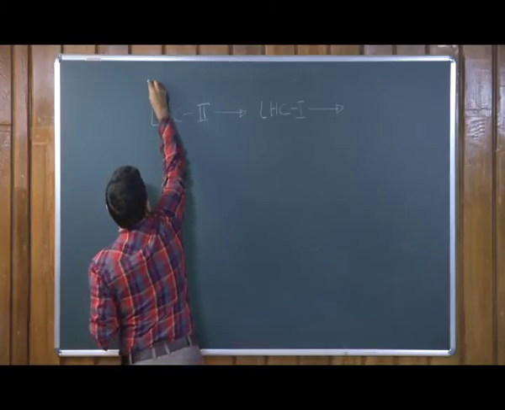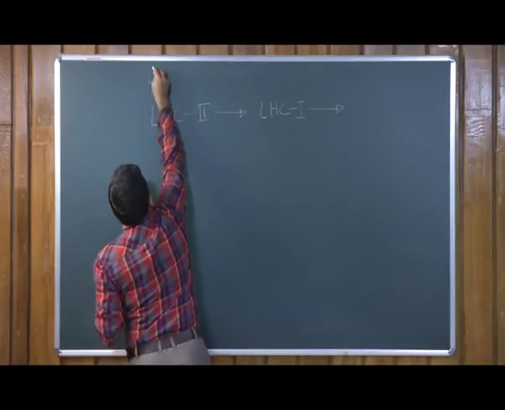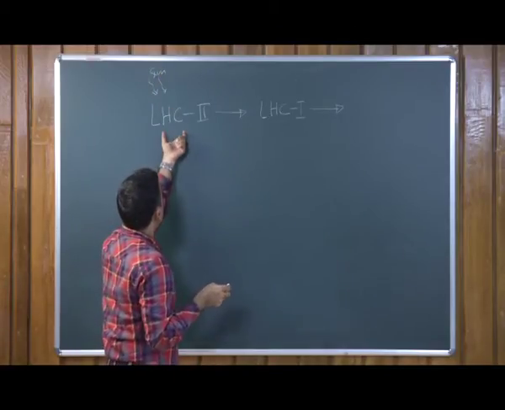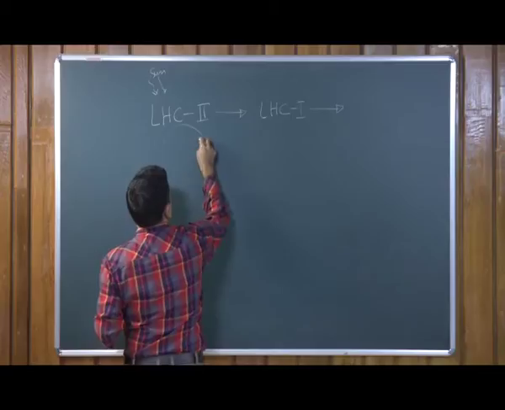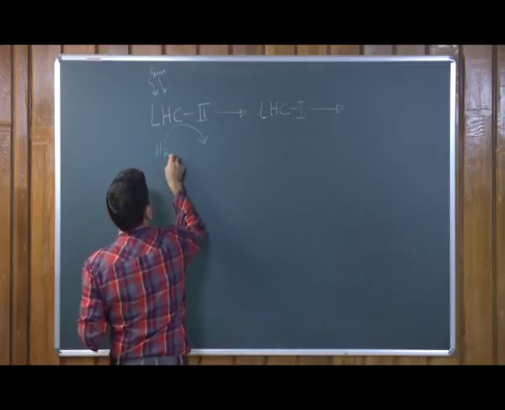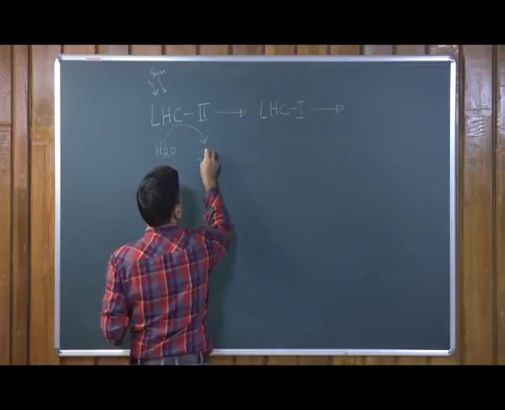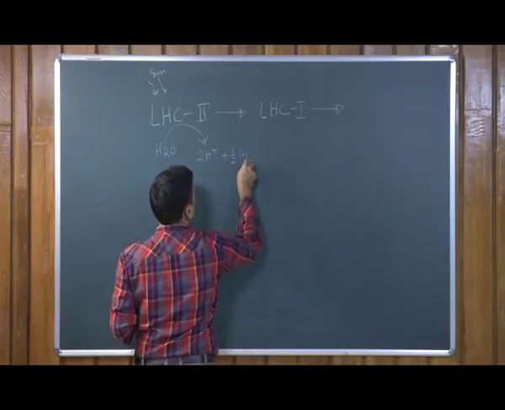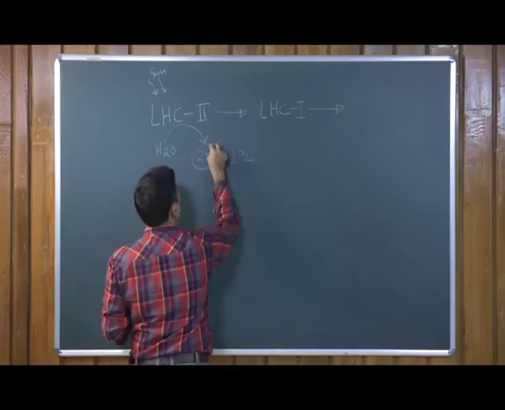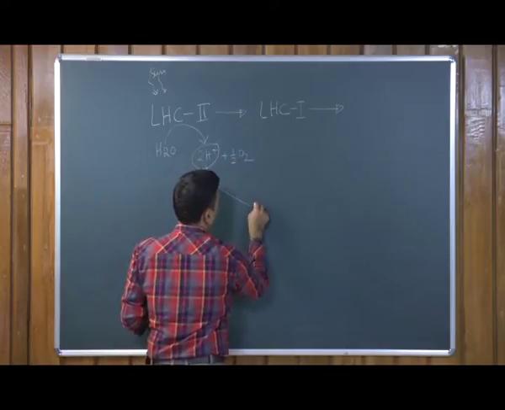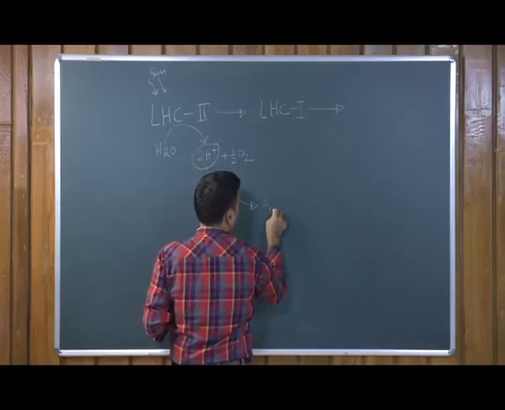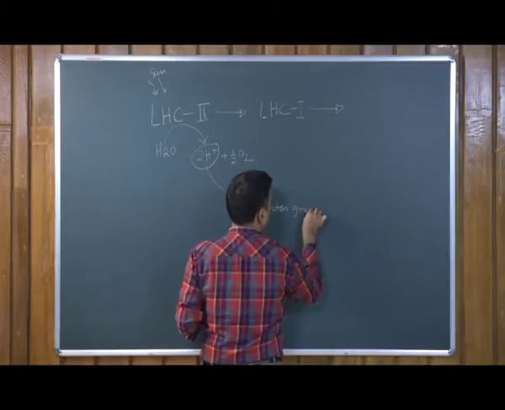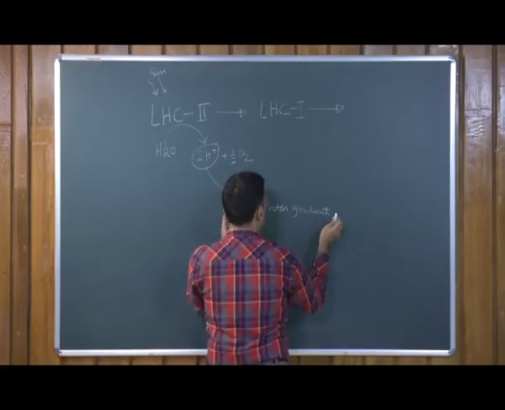One, they are receiving light from the sun, and then light harvesting complex 2 is splitting the water to release protons as well as oxygen. These protons are making a proton gradient, or they are getting into the stroma.